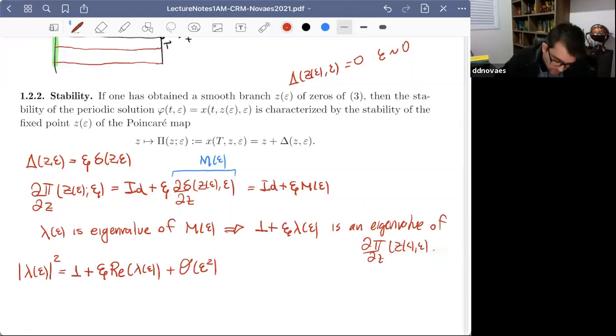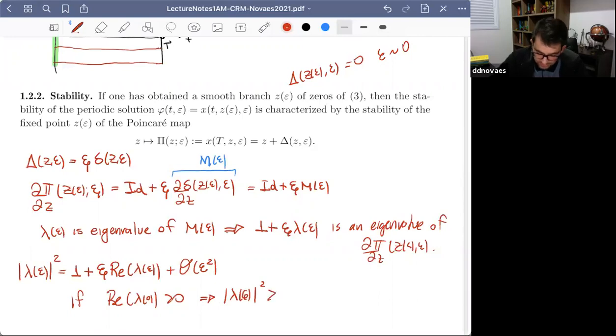If the real part of lambda(0) is positive, then the modulus is greater than 1 for epsilon sufficiently small.